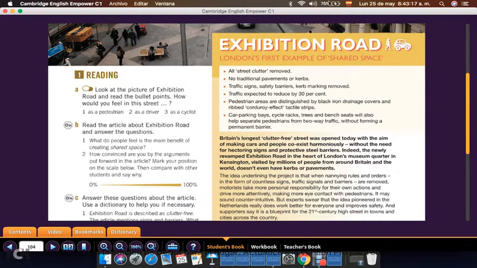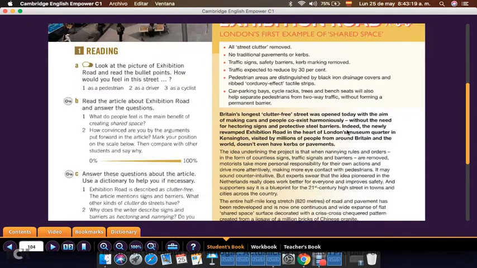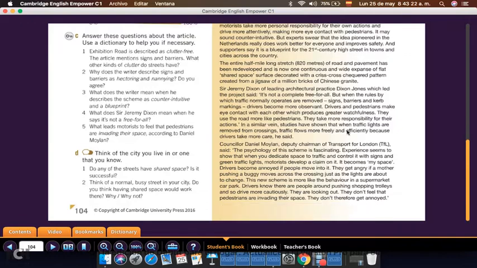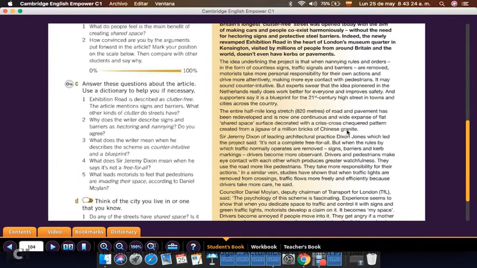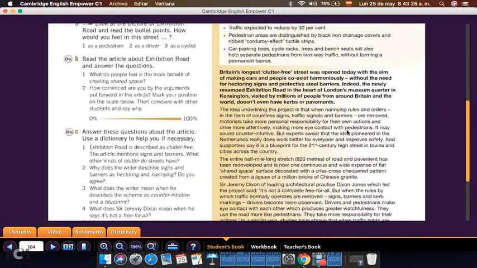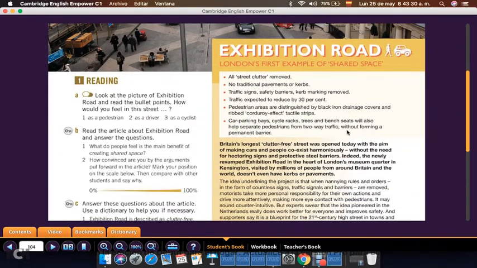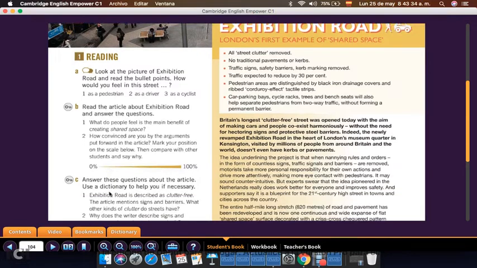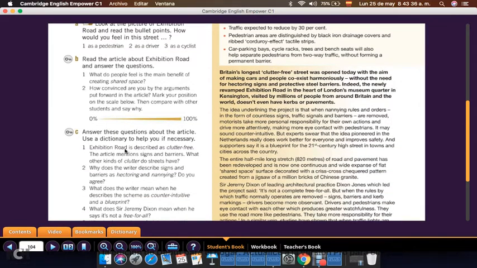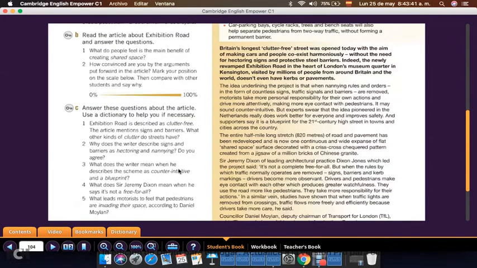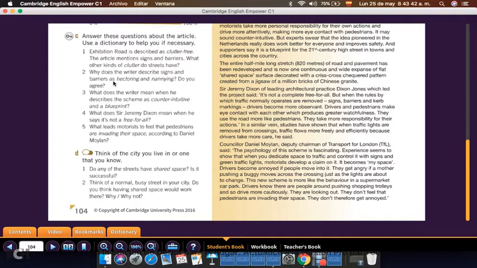You're going to read this article right here that I'm scrolling down. If there are any words you don't understand, you look for them in a dictionary. And then answer these questions right here. Also, about the article, use a dictionary to help you if necessary. You are also going to answer these questions right here.